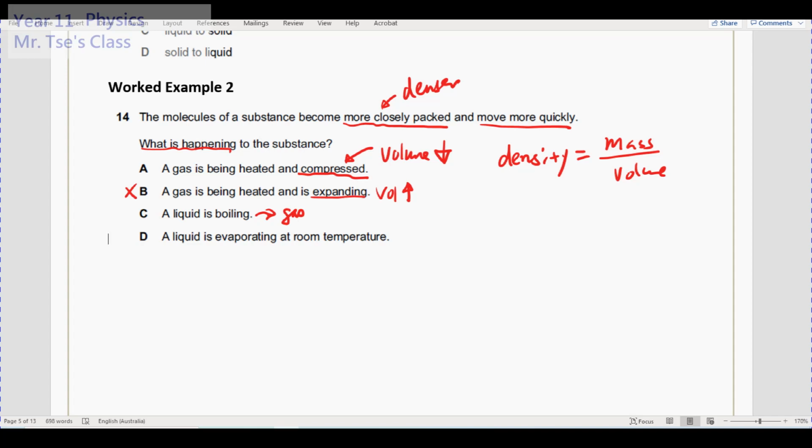From liquid to gas, it expands, so it can't be more closely packed. Liquid is evaporating. Again, liquid to gas. So it can't be more closely packed. So the only answer is A. Good.